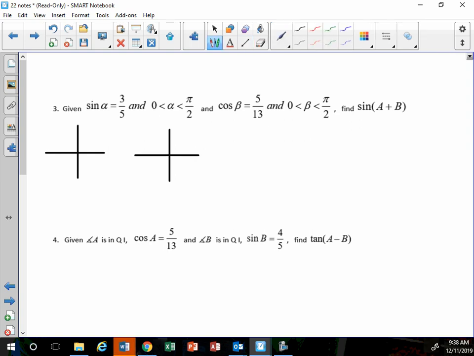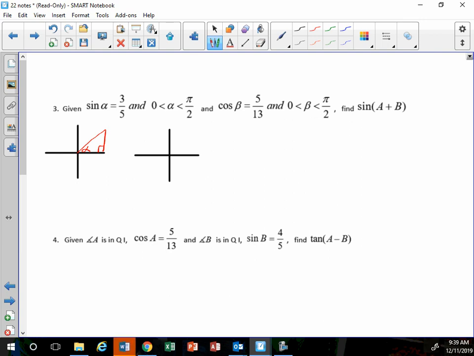So 0 is less than alpha is less than pi over 2. That's just telling you what quadrant you're drawing it in. So what quadrant is that? First, okay. Draw my little triangle, and I'm going to put the alpha in there so I know what I'm talking about. Sine of alpha is 3 over 5.